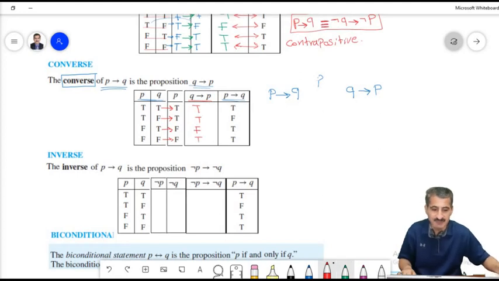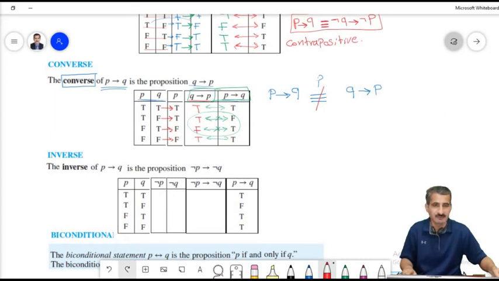Now notice here that they do agree in here and in here, but they do not agree for these two parts. And therefore, P gives Q and Q gives P are not equivalent because they don't have the same truth values.